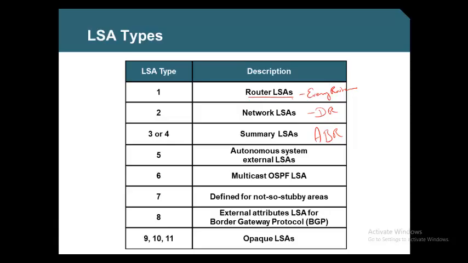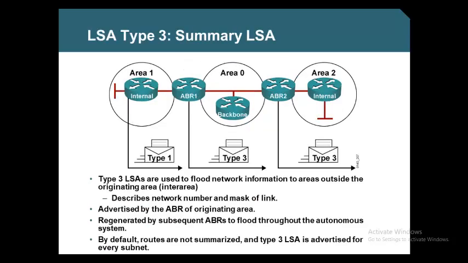Type 3 LSA, what does it do? It carries all the link state information of this area 1 to another area, and this type 3 originates from the ABR.